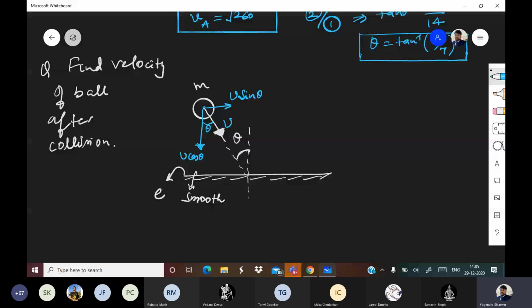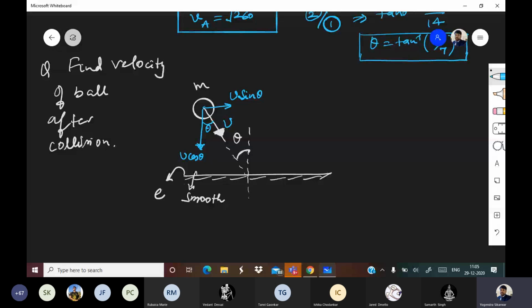Now listen carefully, everyone. Keep everything aside and listen carefully to what I am telling you. The ball has two velocities. One velocity is u sin theta and one velocity is u cos theta.